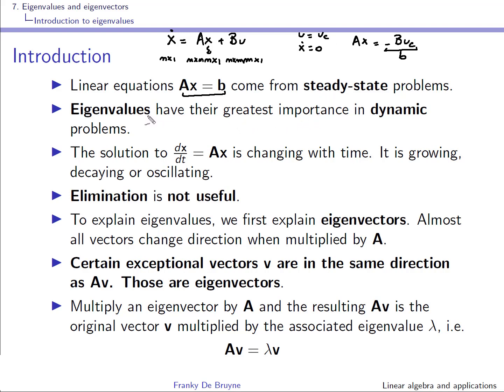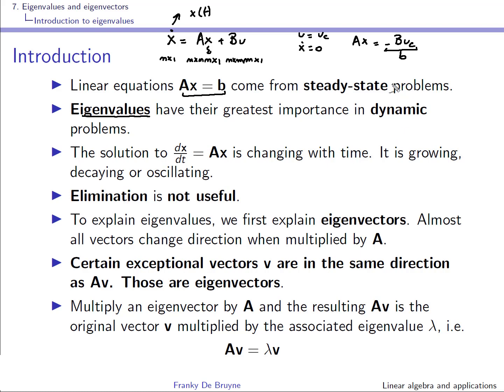Well, with eigenvalues and associated eigenvectors, we'll be able to look at the dynamics of this system, because we know that the solution of this will be something that will be changing with time. So elimination will no longer be useful.